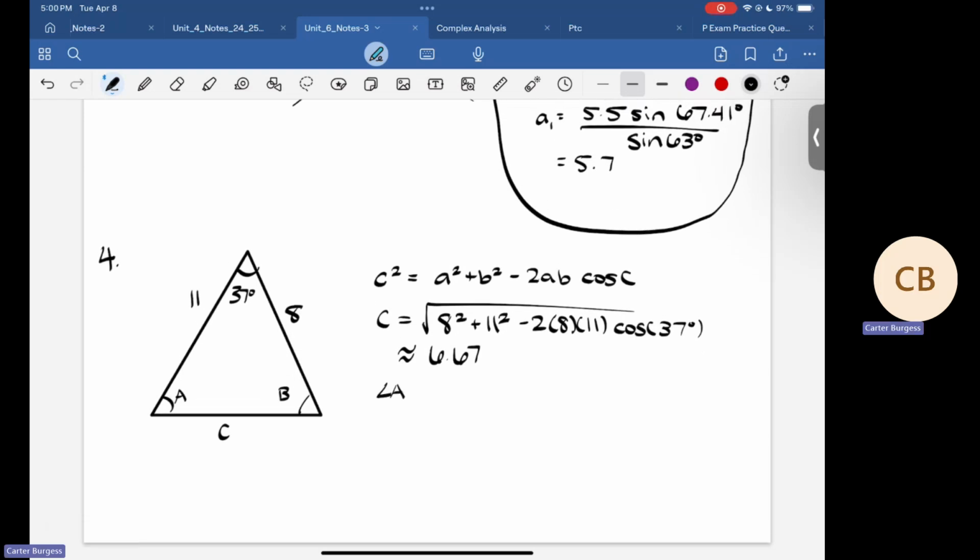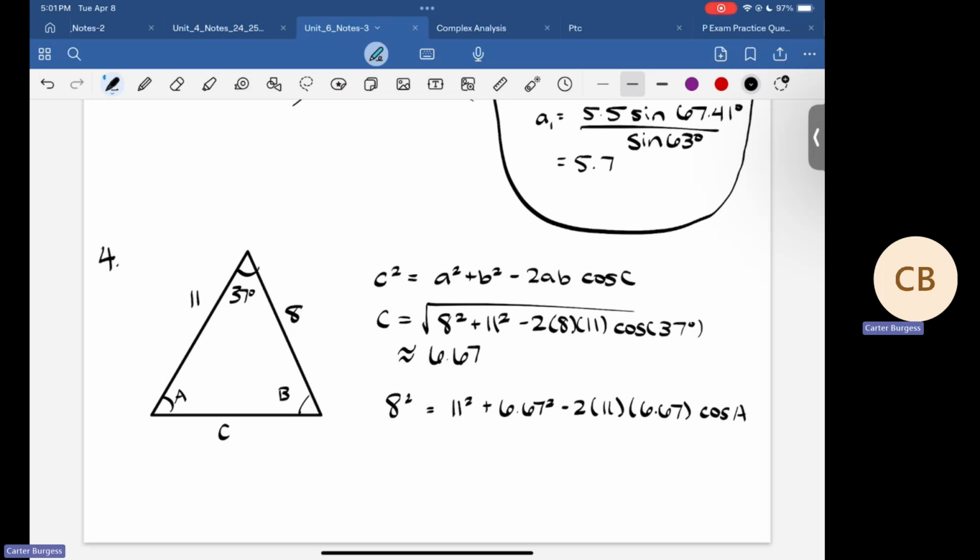So angle A, well, actually, sorry, our law of cosine setup while looking for angle A is that 8 squared should be equal to 11 squared plus 6.67 squared minus 2 times 11 times 6.67 times cosine of that missing angle A. Be very careful of PEMDAS in this case.